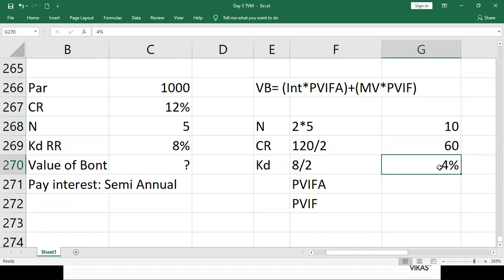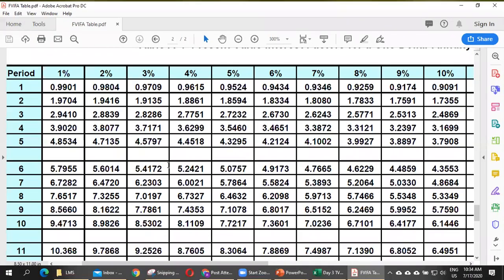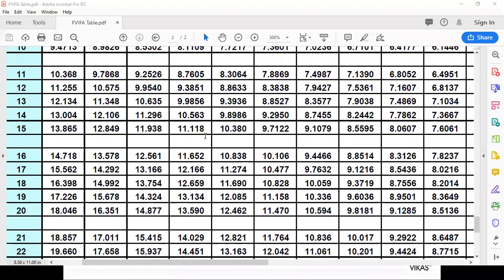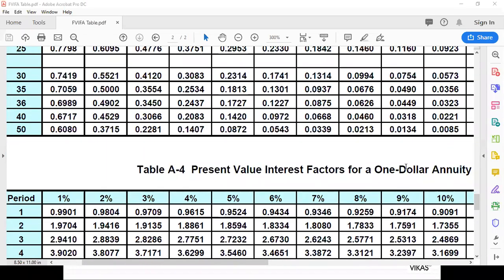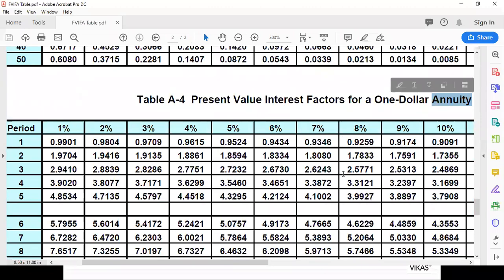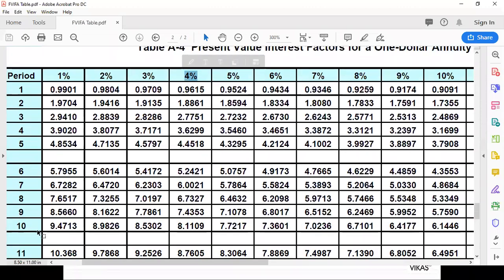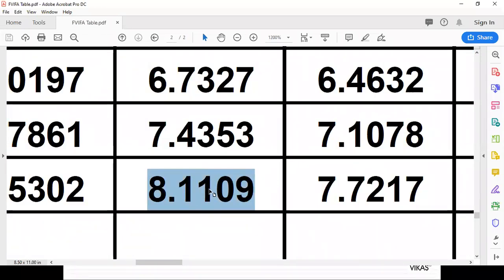The cost of debt is 4. So we apply PVIFA. It's annuity. So this is 4% for 10 years.